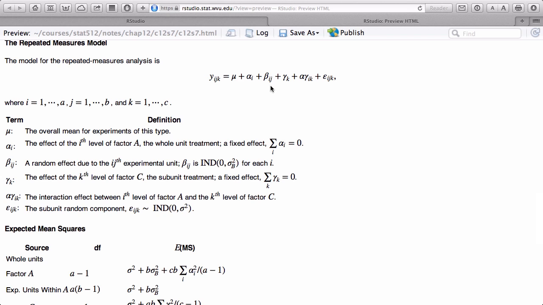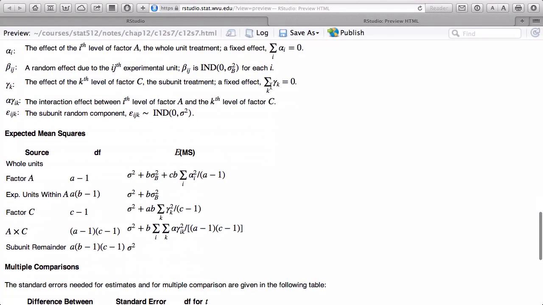Notice it's an ij. There's no interaction alpha beta ij. There's just a beta ij. So what I'm saying is that the j is nested within the i. That is, we have a nested design of rats within the groups, or within the 2 treatments. And so we have beta ij, and then plus gamma sub k, which is time, and then we have treatment by time. And then we have the second error term.